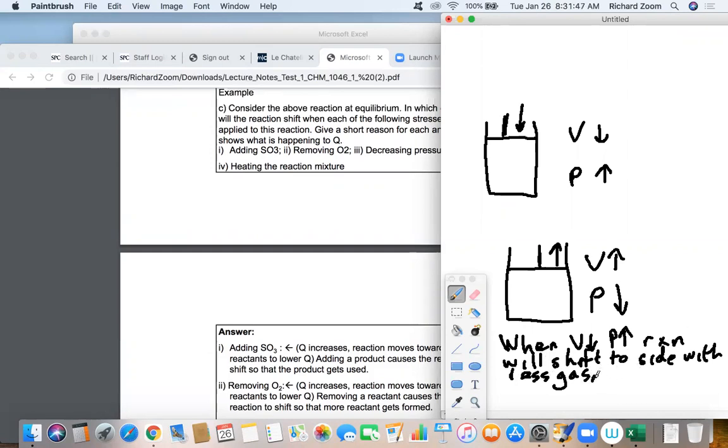We'll say less gas molecules. Does that say that it will shift to the side with less gas molecules? Yes, when volume goes down and pressure goes up.